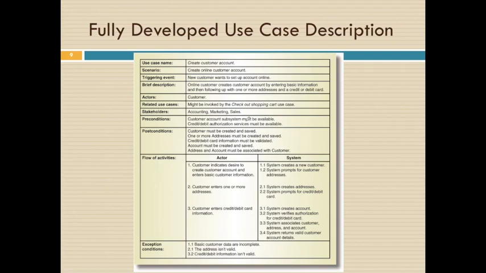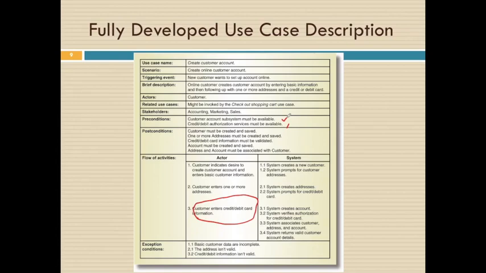Why? Because if the system is not available, then we cannot run this use case. And then the credit debit authorization services must be available. Why? Because in our flow of activities, the customer must enter credit or debit card information, so this service must be available. Precondition is what must be true before we run that use case.